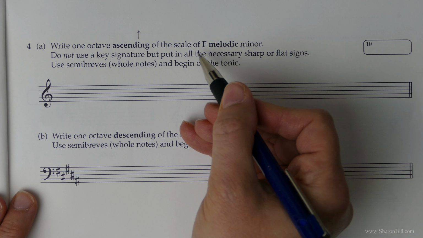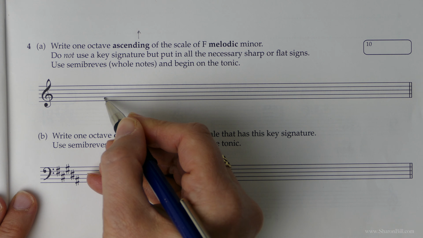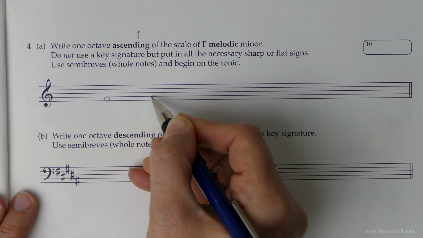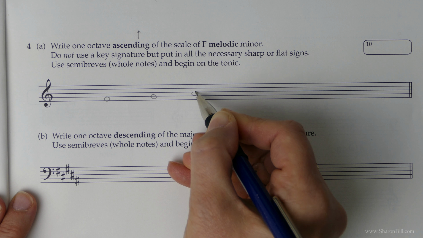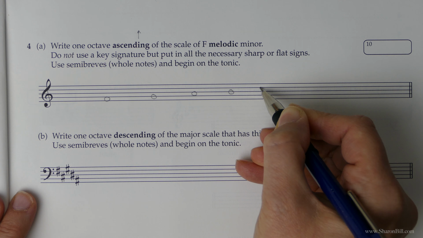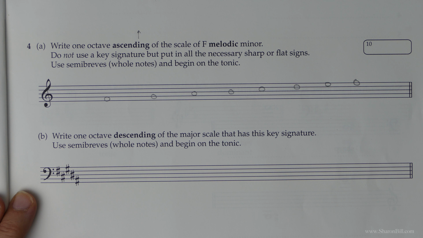First things first, a scale of F must begin on F. So let's just do that. And if we step up for an octave, space, line, 1, 2, 3, 4, 5, 6, 7, 8. There's our octave, and we should have ended on F, so we know we've not gone wrong.